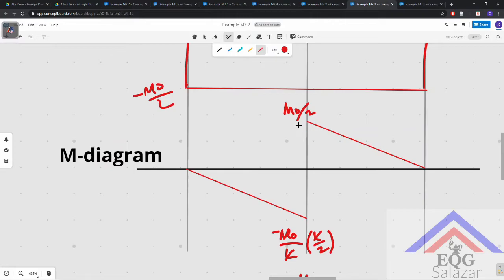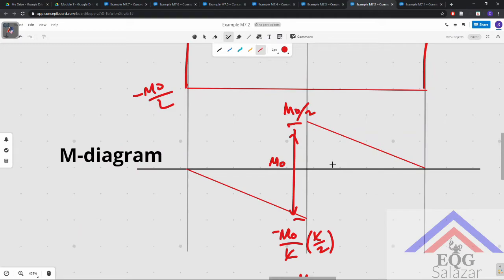Now what do we notice? We notice that the length from here to here is M naught, because this is M naught over 2 and this is M naught over 2. And it follows that when there is a concentrated moment, its presence will cause a discontinuity or a jump in the moment diagram at the point of application of the concentrated moment.